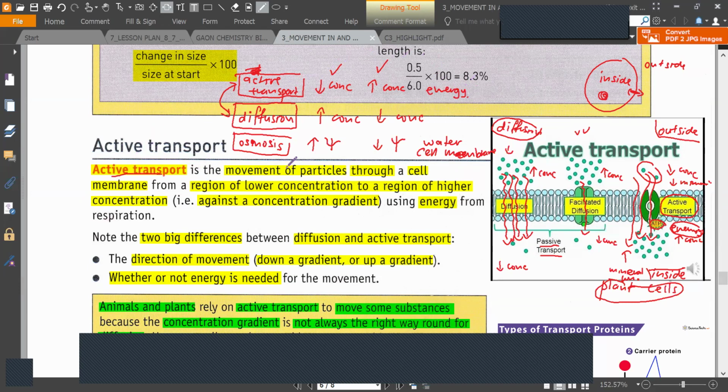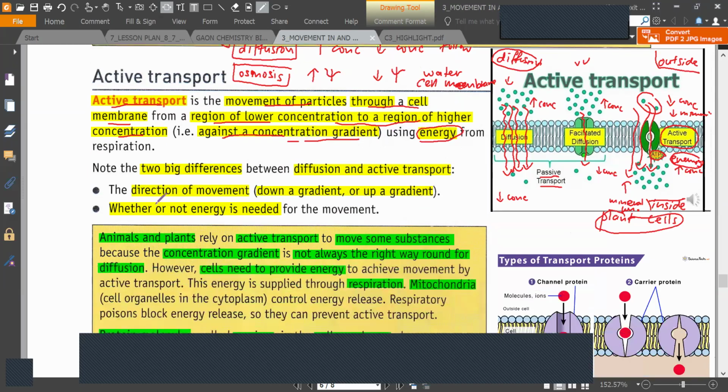Active transport is the movement of particles through a cell membrane from a region of lower concentration to a region of higher concentration. Basically, it's going against the concentration gradient. Diffusion follows the concentration gradient, but active transport goes against it, and it needs energy.